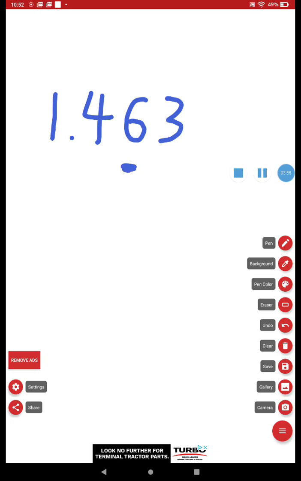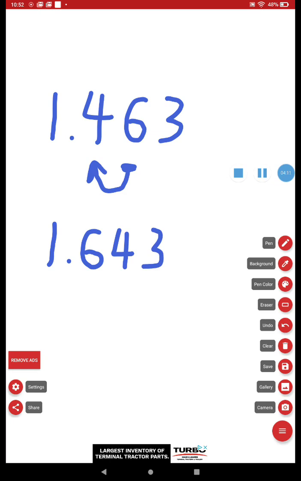Greater means I have to move this way. So I need a number where there's a 6 in that tenths spot. So I can rewrite it. I could say any number really, just 1 and 643 thousandths. This 6 is now 10 times bigger because it's in the tenths spot.